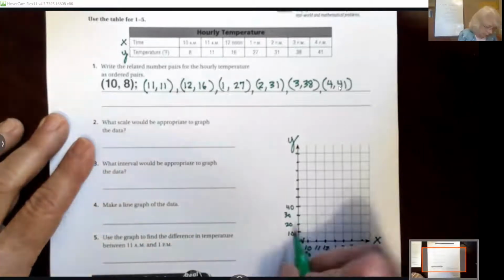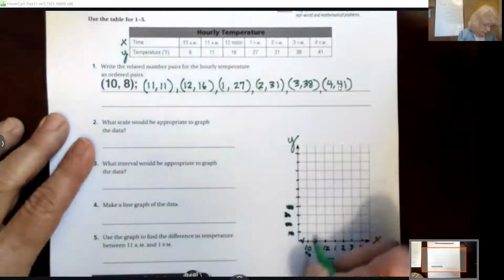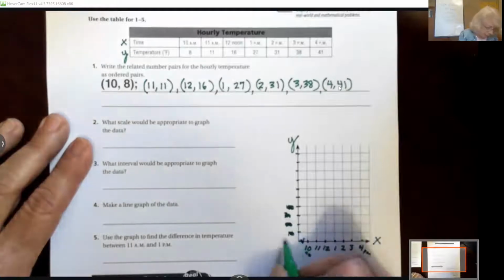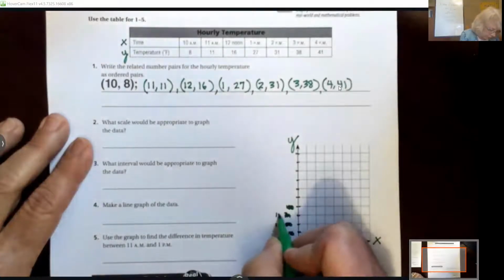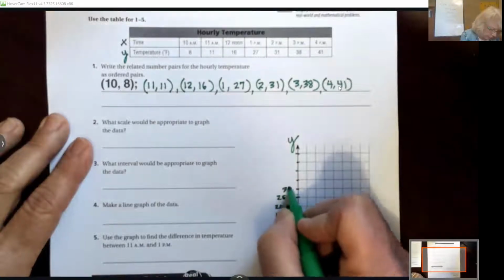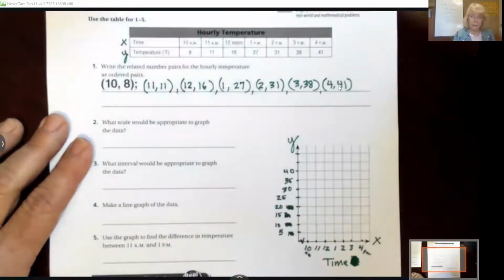So you know what? Having done that, I'm going to change it and say, what if I make it increments, intervals of 5? So this line now is going to be 5, 10, 15, 20, 25, 30, 35, 40. Oh, I like that better. I hope you do too.